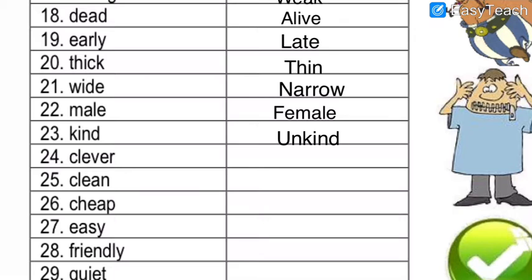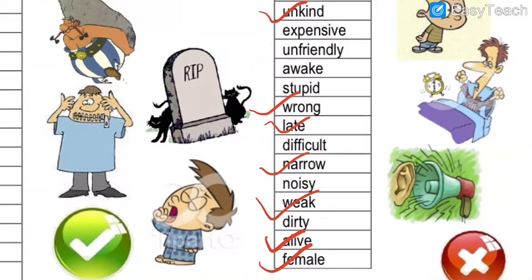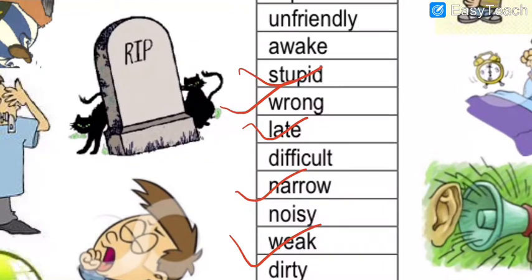Now it's time for me to solve the last two for this lecture. Number 24, clever. Students, I am very clever. Don't laugh at me. I am not cracking any joke. So what is the opposite of clever? Can you tell me? Is it unfriendly? Is it stupid? Yes, you might be saying, yes sir, it is stupid.